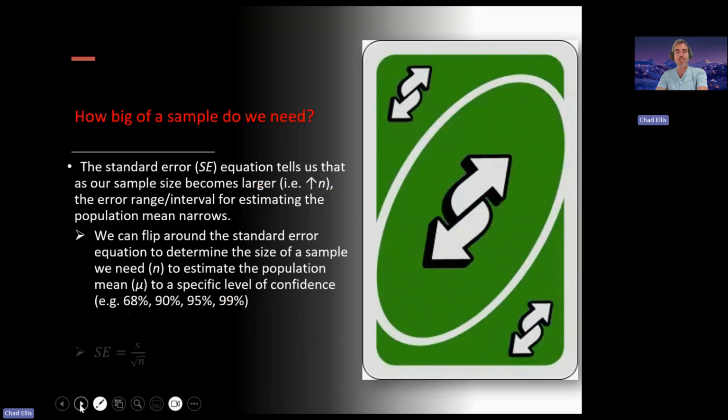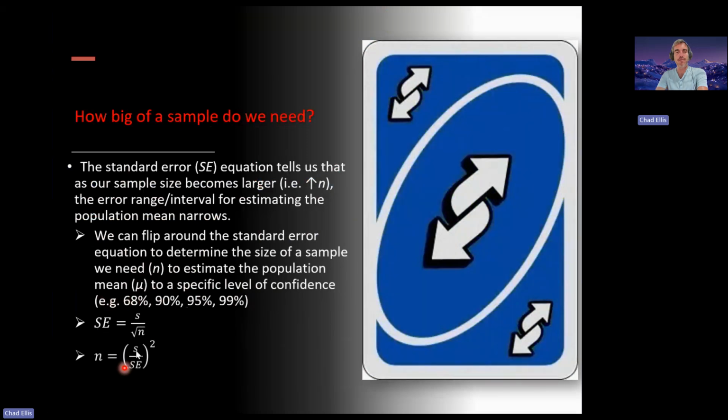Essentially, we can take our standard error equation and flip it around, do a little bit of algebra. So we get n, the sample size that we need to achieve a certain confidence level, is equal to the standard deviation of the sample divided by the standard error, squared, because we got rid of the square root in the original equation.